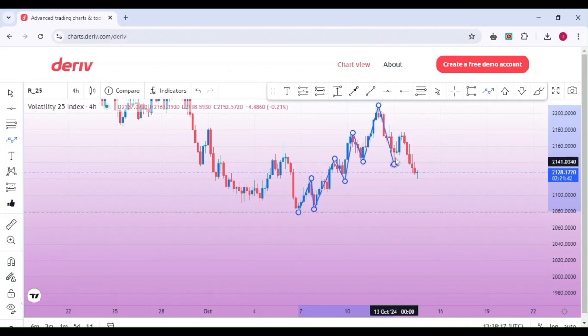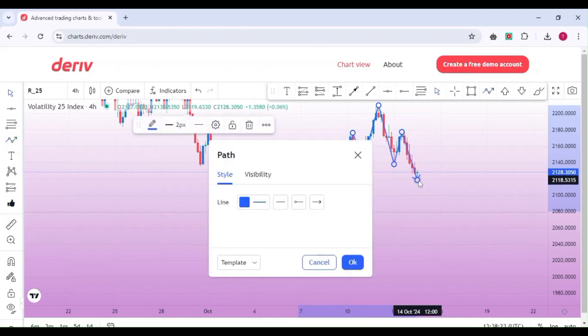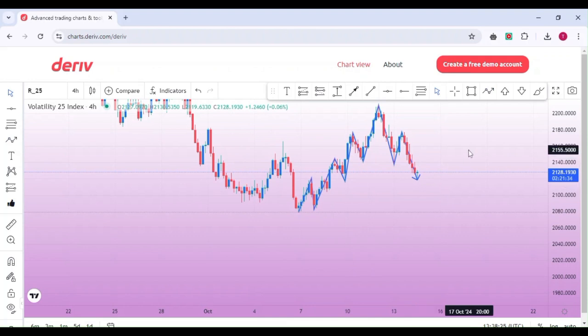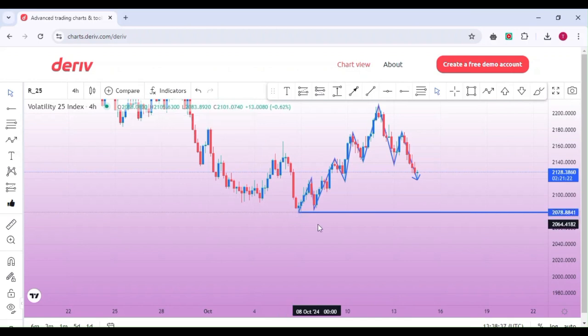Then let's look at this higher low, the lower low, and then the higher low, and then the lower low. We cannot say that is a lower low for now, because the market is still forming. So just looking at that, how do we mark? Let's see this point below there.